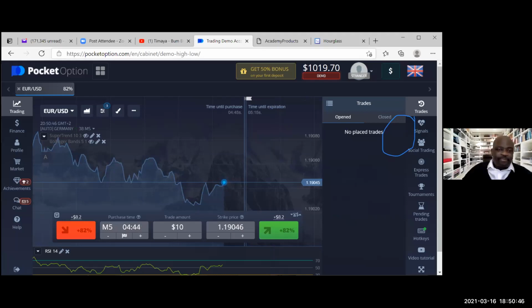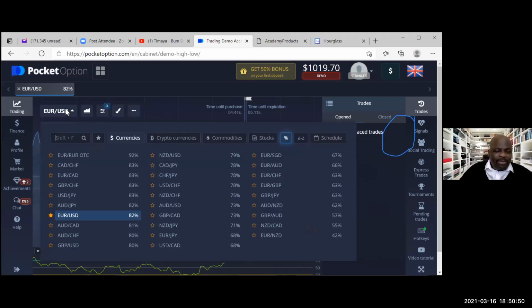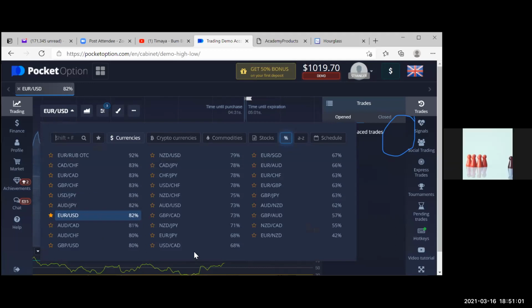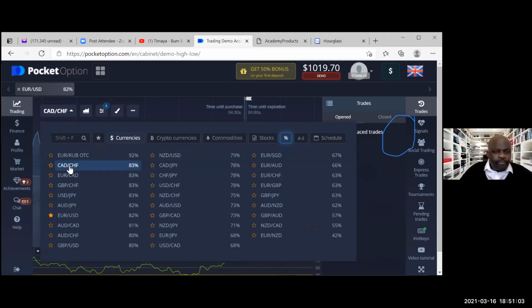Okay. I think the minor pairs are more expensive. Let me see. Where's CHF? The second currency, CAD CHF. Okay. 83% is not bad.